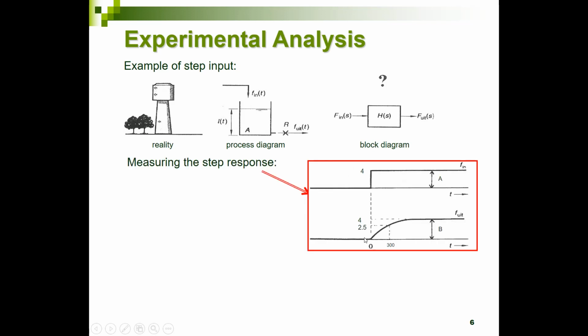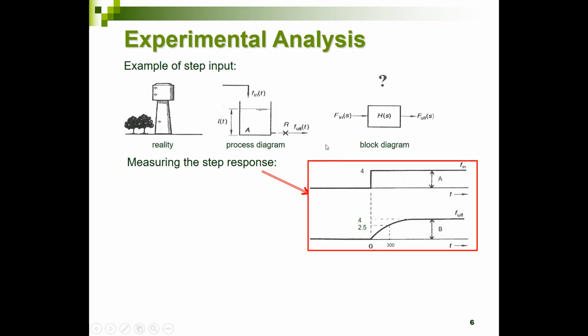So suppose I put an input step into my system over here, and my input step yields a maximum value of 4, so a flow of 4. What the unit of flow will be in this example, so for instance, 4 liters per second.